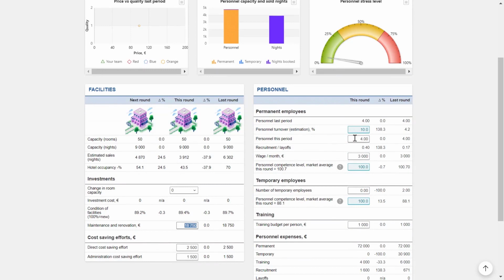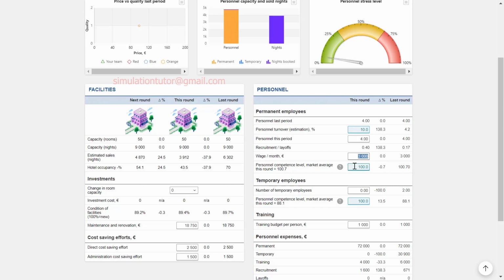The decision that you make is the amount of the personnel. Here you can see how many you had in the previous round. Then you decide how many you want to have this round. Then we have the salary decision here, including the employer costs, and then we have the estimation about the competence level.